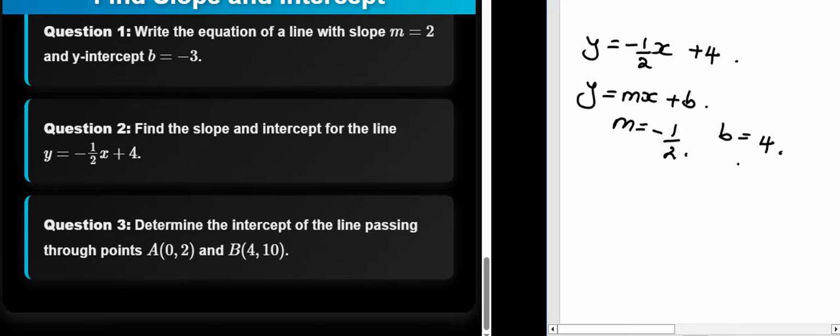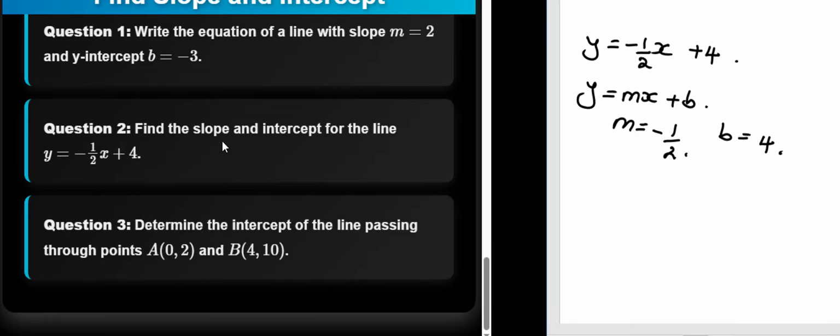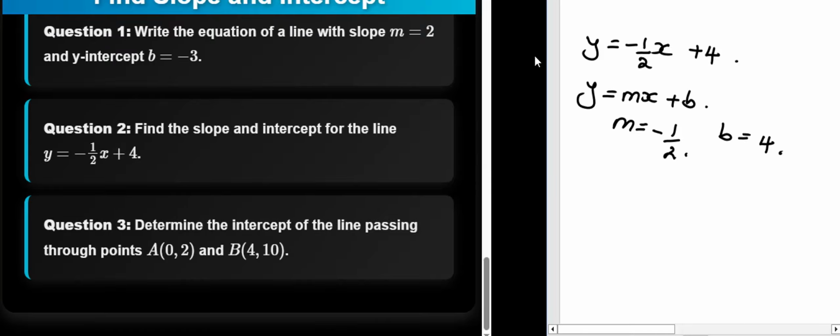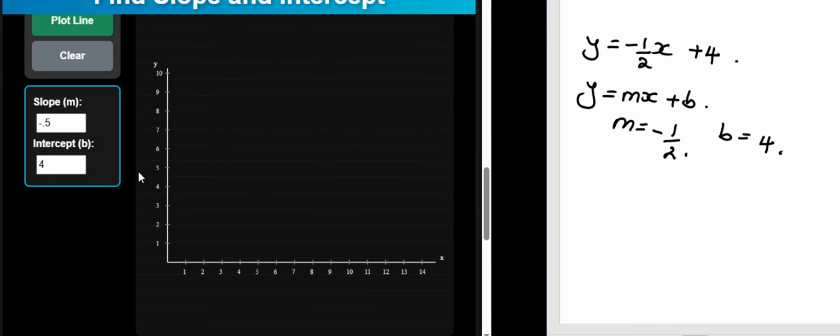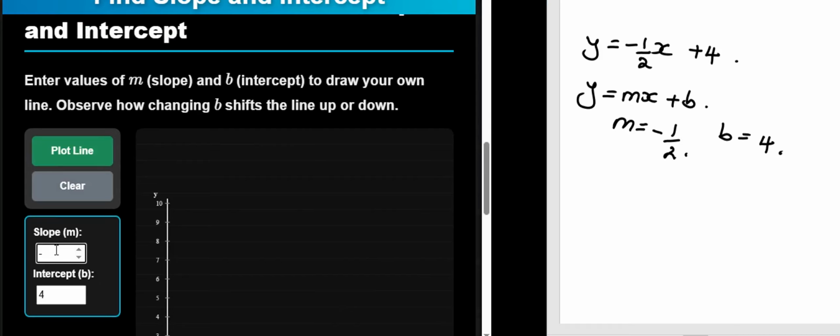Can we try to enter these values on our interactive graph, and we see if it will plot this as the equation of the line? So we have here the slope is -half, which can be written as -0.5, and the intercept is 4.